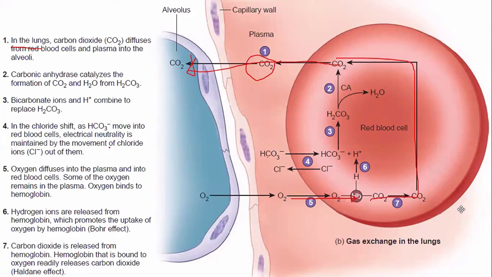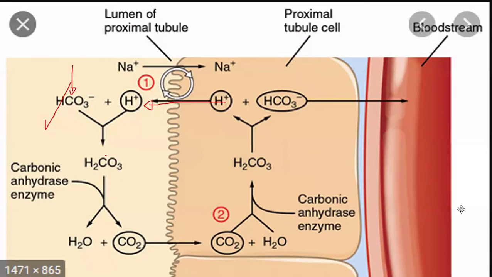So, HCO3 plus H becomes H2CO3. Now, H2CO3 becomes water plus carbon dioxide. That carbon dioxide will go inside and again react with the water, so it becomes H2CO3 again. And then it will become hydrogen plus bicarbonate. That bicarbonate now will go to the capillaries.